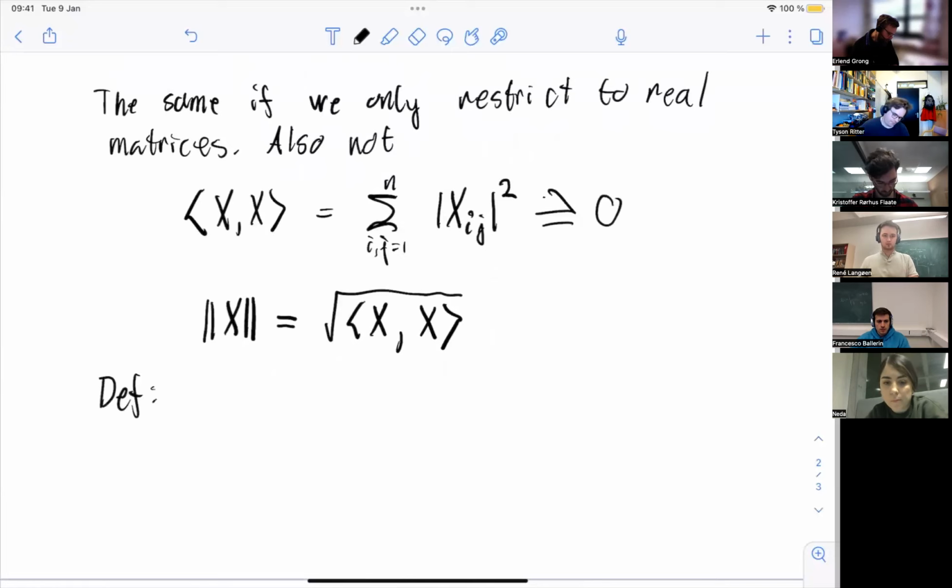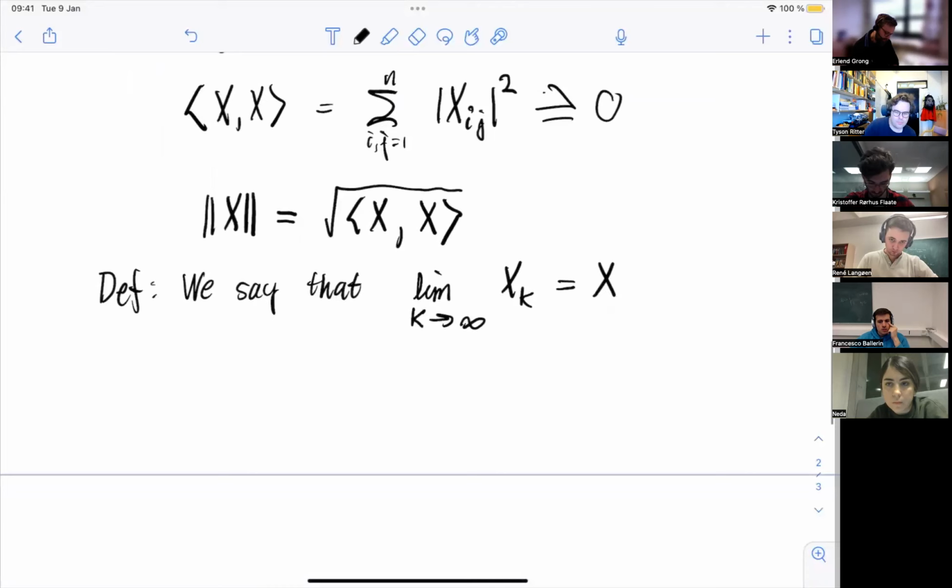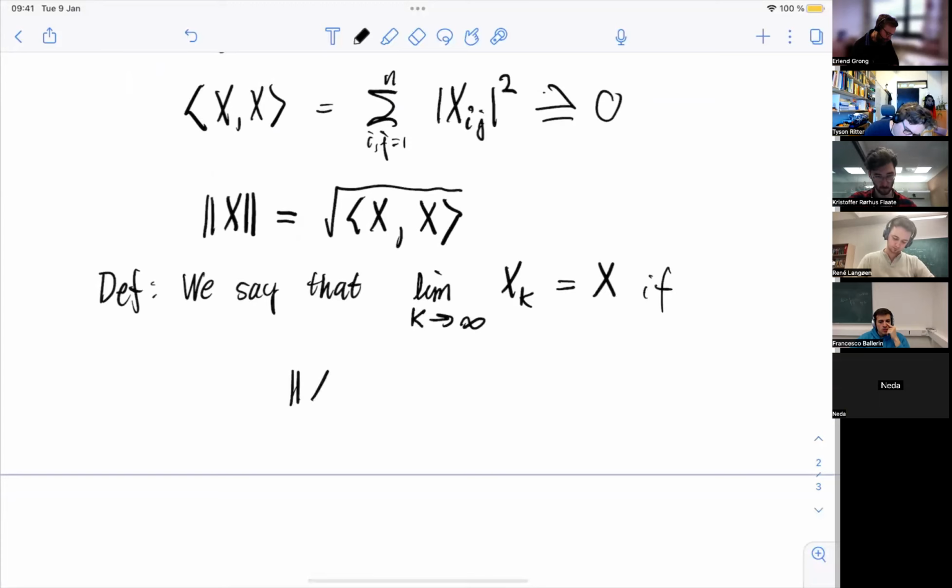We say that the limit as k goes to infinity of X_k is equal to a matrix X if the norm of X minus X_k, as k goes to infinity, is equal to 0.